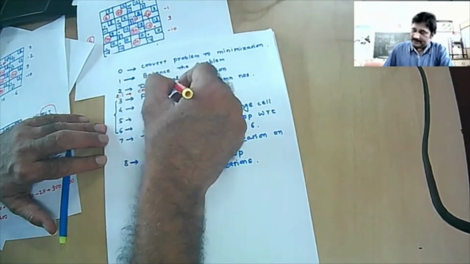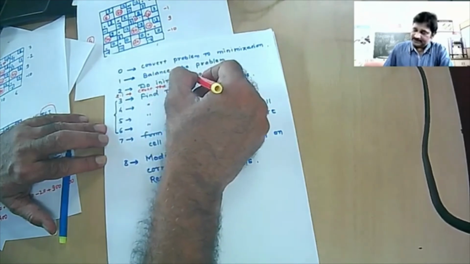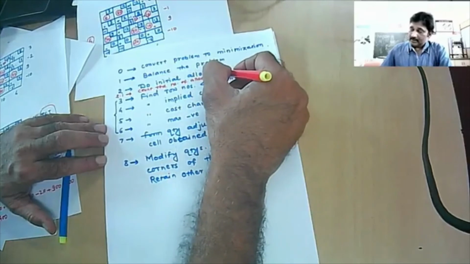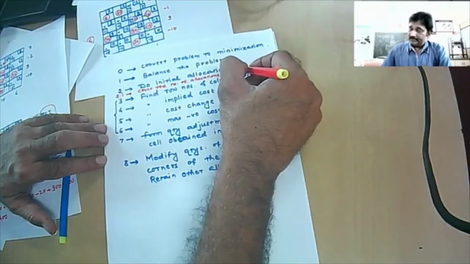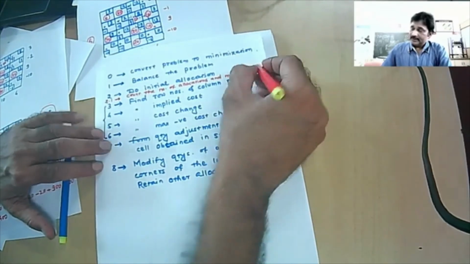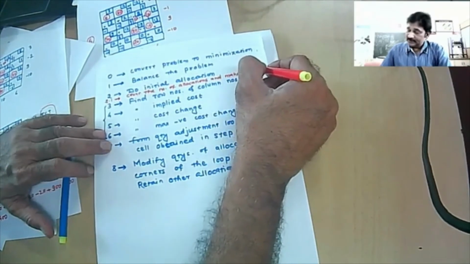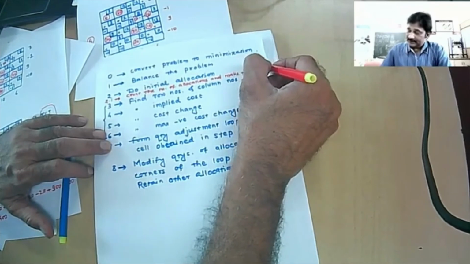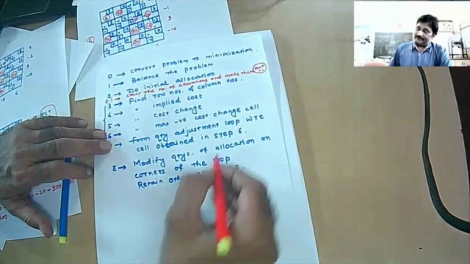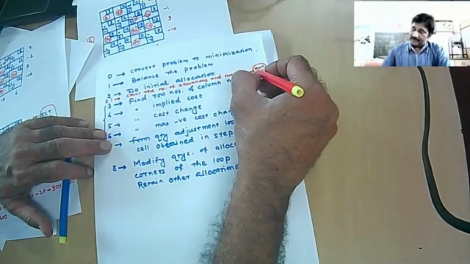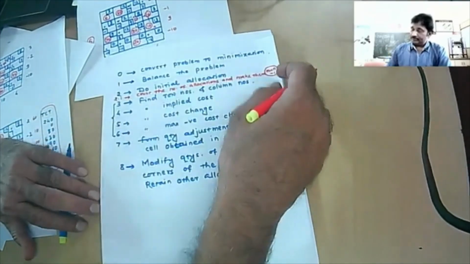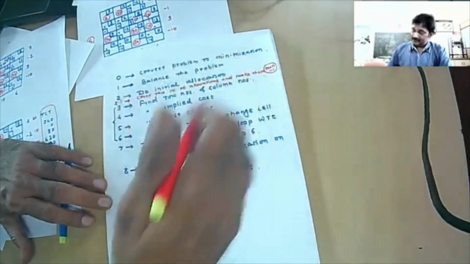Count the number of allocations and make them m plus n minus 1, if needed. Okay? Also, I won't be explaining much about it. You know what you have to do.